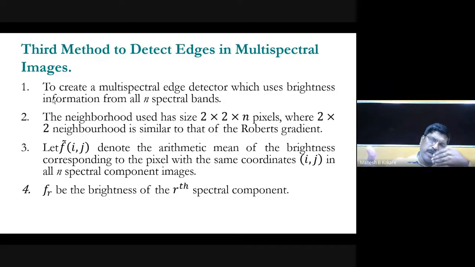In the first method, we treated every band separately by applying the standard gradient operator, detecting the edge for the first band, then the second band, up to the 7th band. The second method was taking just the difference or ratio of the pixels between adjacent bands. That was the second edge detection technique in multispectral images.